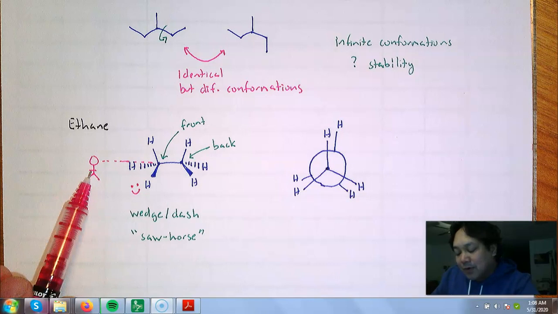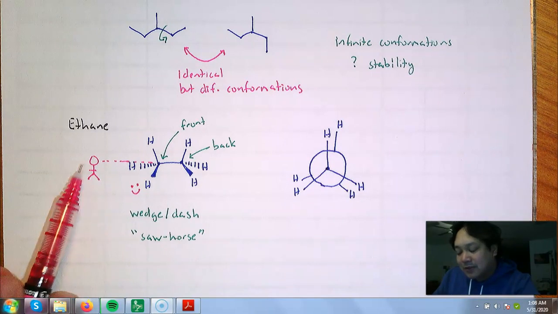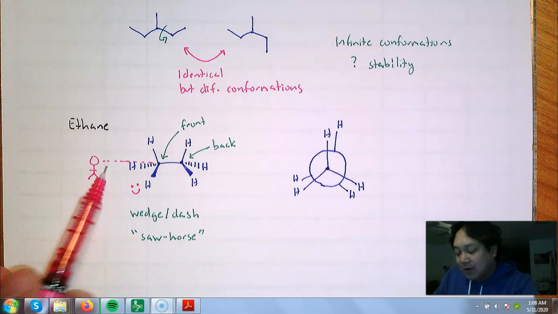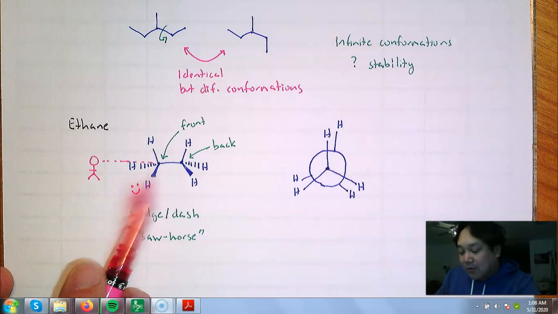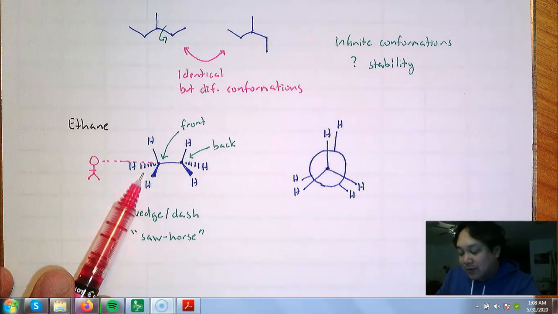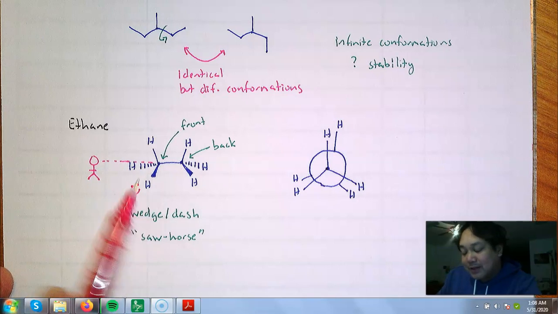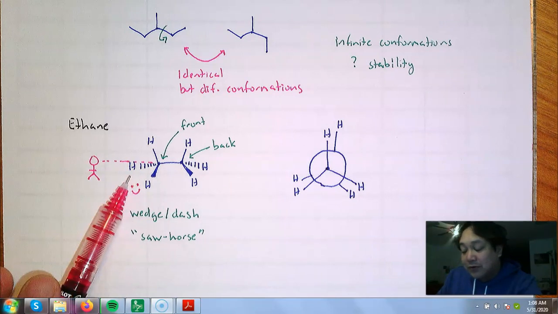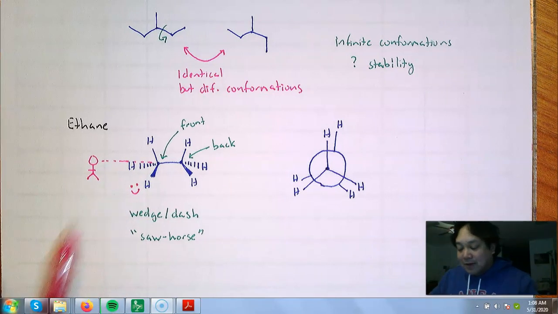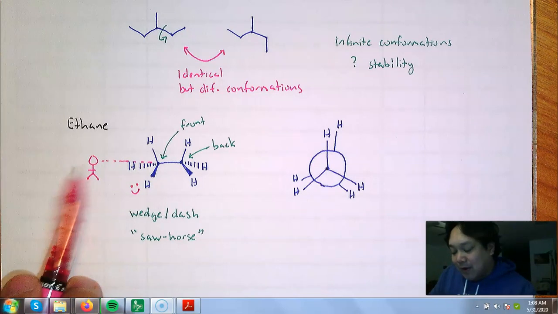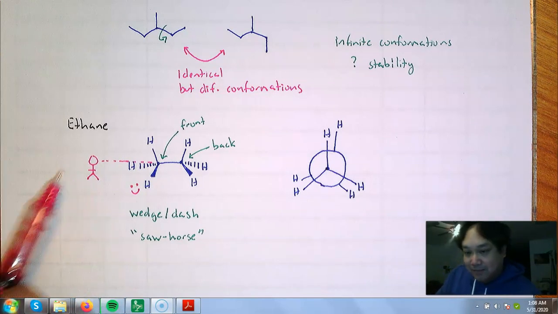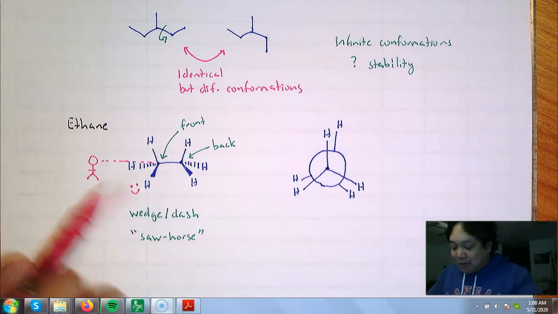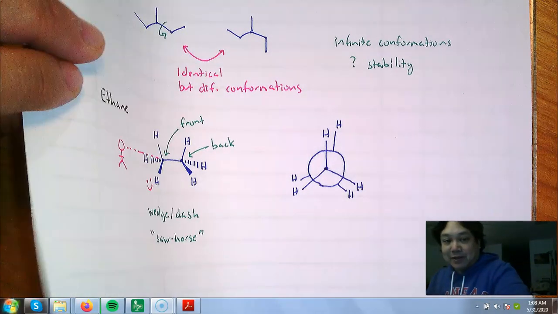If you imagine your eyeball where this stick figure is, and you're looking down this bond right here, well, that hydrogen is towards the ground, towards his feet. But is it to their right or to their left? If you put your eyeball right here, or you could even lift up the page like this.